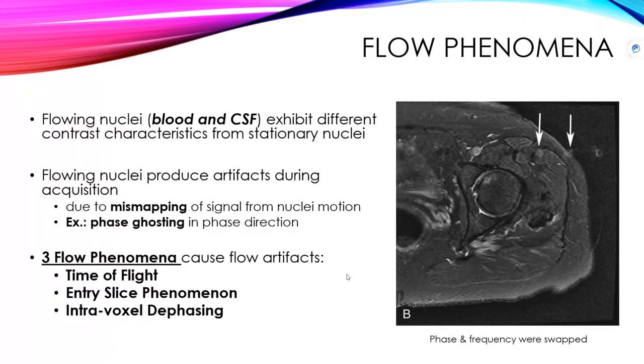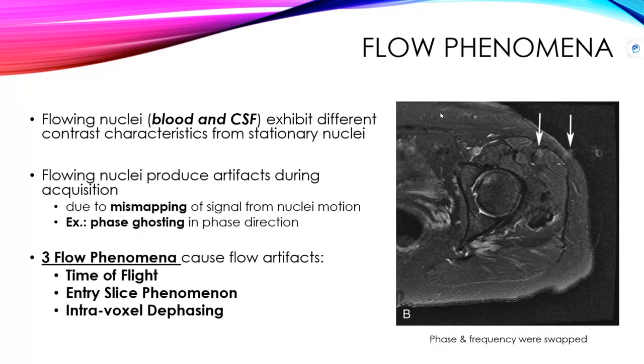Because they're creating different types of artifacts, we've got to compensate for those artifacts by using different techniques. One way that we notice artifacts, and it happens quite frequently, is phase ghosting or mismapping. This is something that we talk about more in our artifacts unit, which is coming up after this unit, but I wanted to bring it up in this unit because it relates to what we're talking about today.